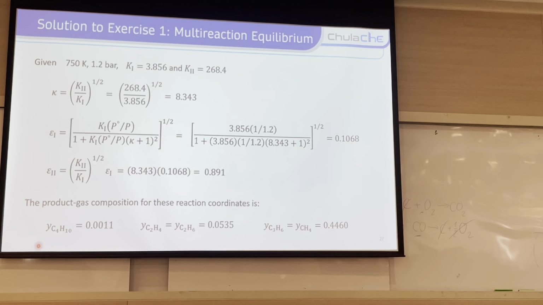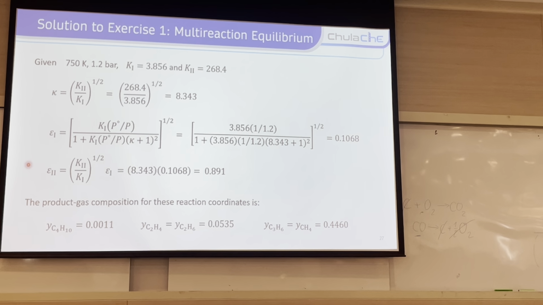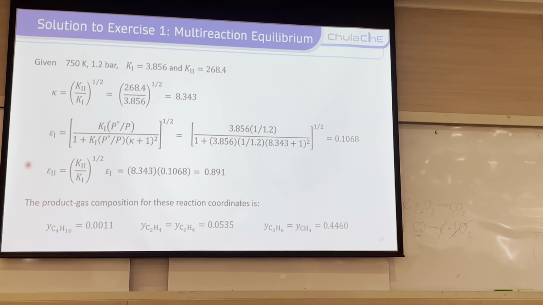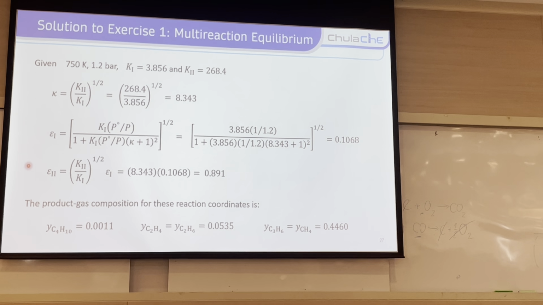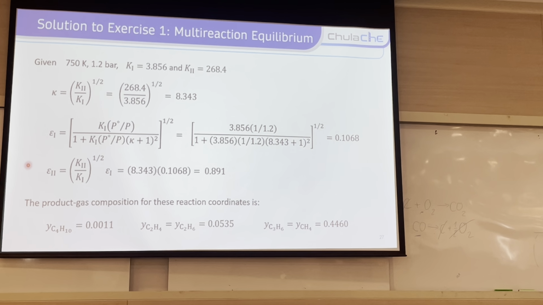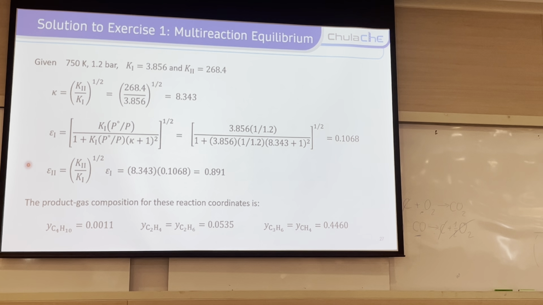So the unknown parameters of reaction coordinate are added, but the number of unknown parameters increases with the number of equations. So in principle, it can be solved directly. No complication here.